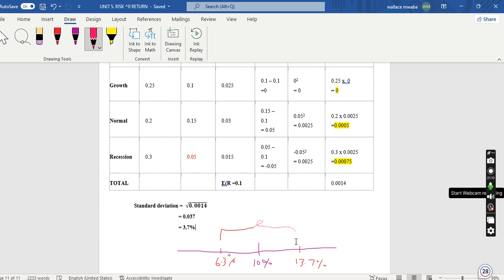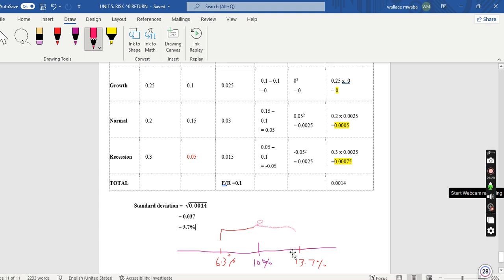That's what the standard deviation is guiding us with, because it's not always that if you invest in company A you're going to get 10% return. It might be lower, it might be higher.